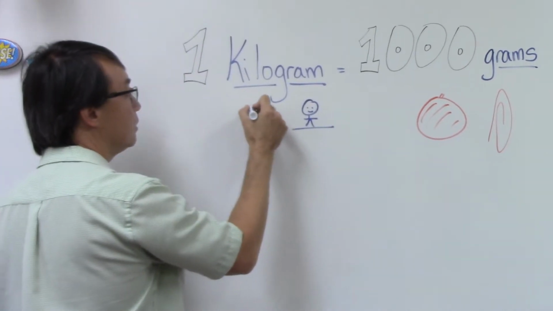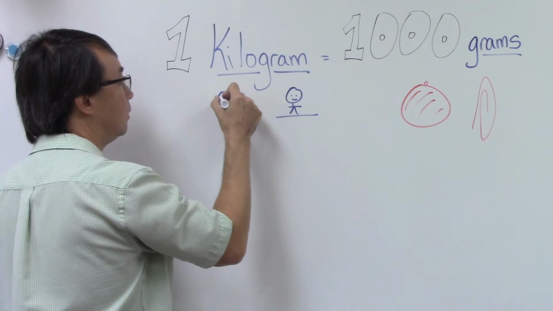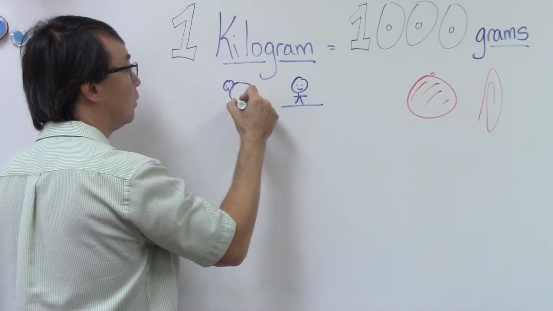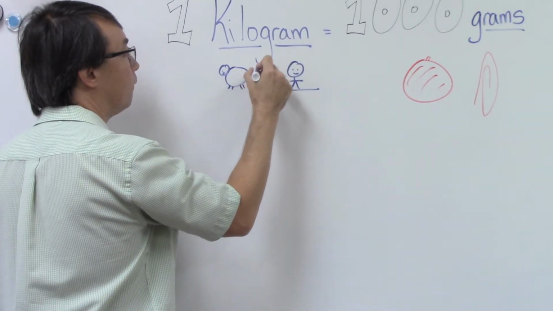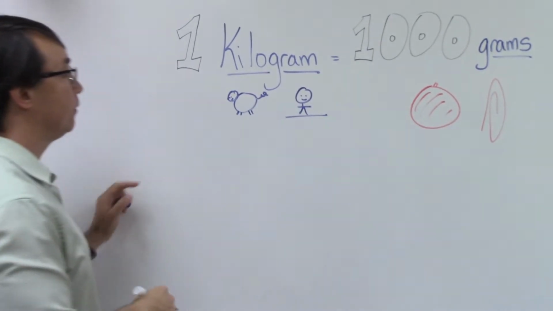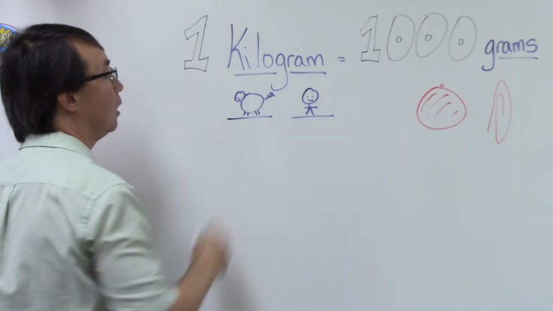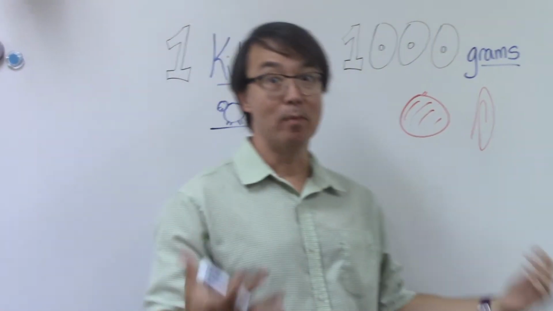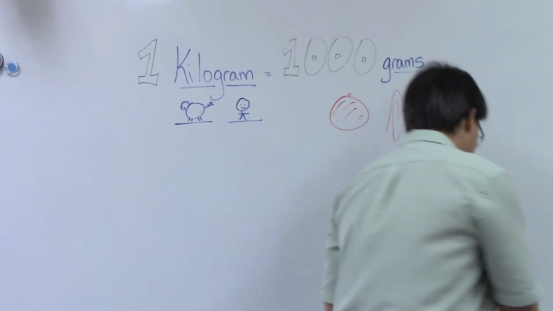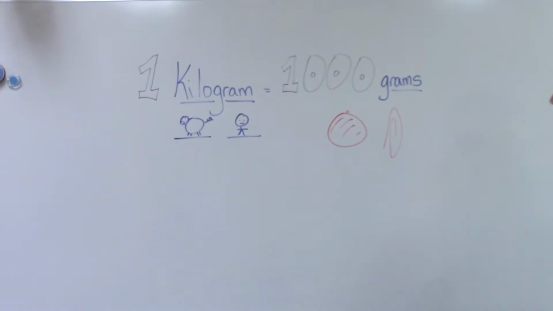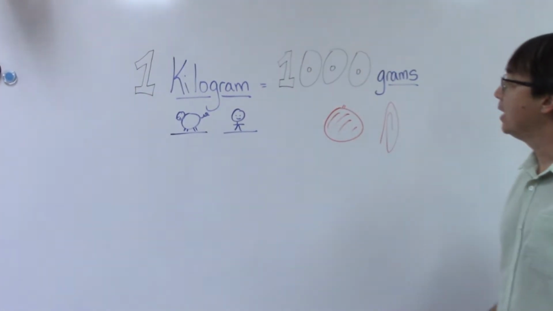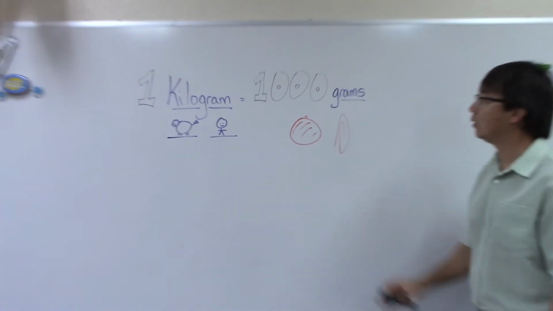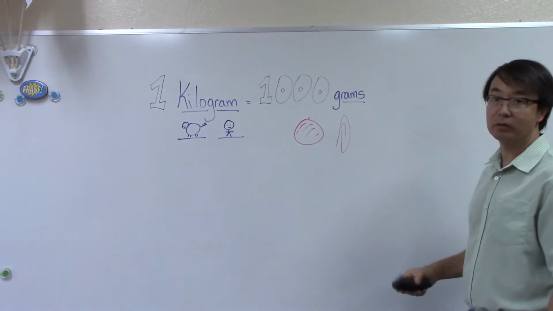Or animals. You would use kilograms to weigh animals, because those are things that weigh more than 2 pounds. And so if you're weighing animals or people, you're going to want to use kilograms, and for smaller items like cinnamon rolls or fruit or paper clips, you're going to use grams.